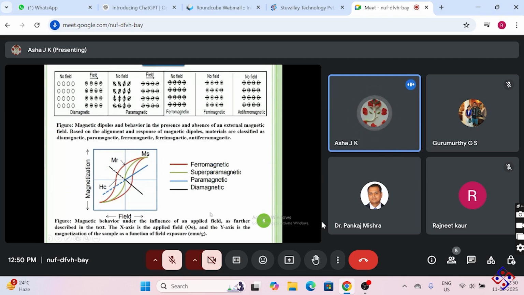Third, paramagnetic materials have a weak and temporary magnetization. And diamagnetic material shows a weak and negative magnetization. So this is what the loop figure explains. In the x-axis we have the magnetic field, and in the y-axis we have the magnetization.